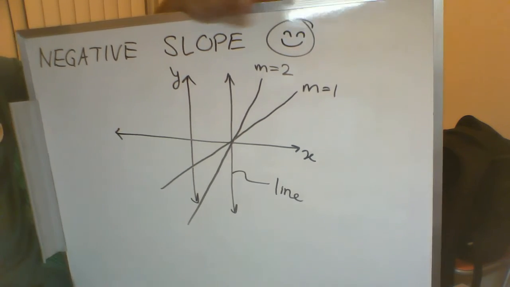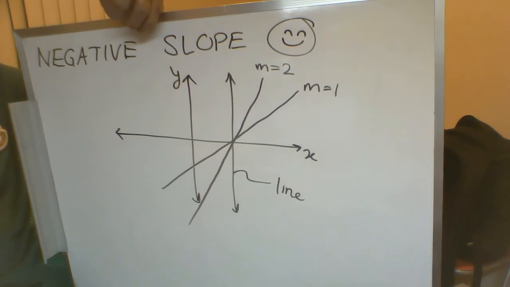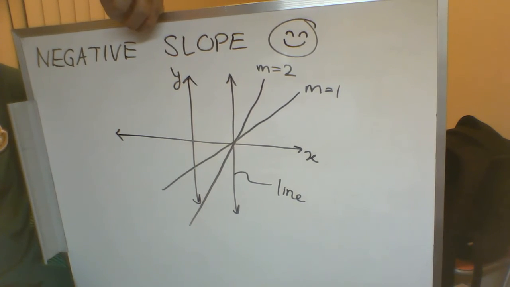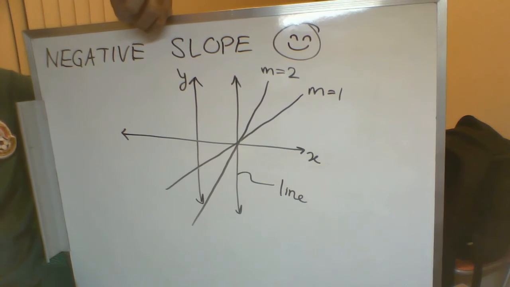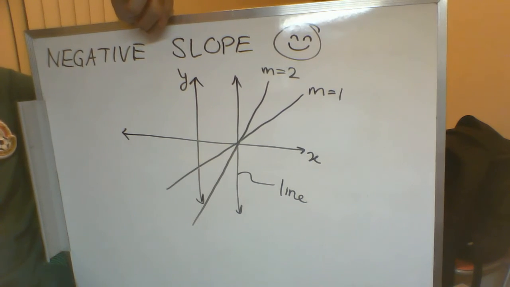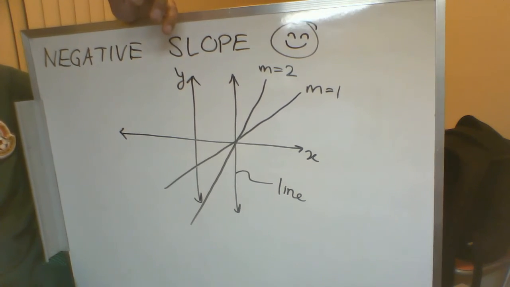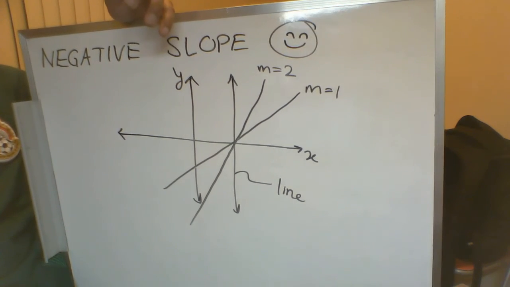And so as that denominator gets bigger and bigger, the whole fraction gets really, really close to just being 0. So if you make that denominator infinity, then your slope is basically 0. It's kind of easy to see in that case that your slope is approaching 0 as that denominator gets bigger.